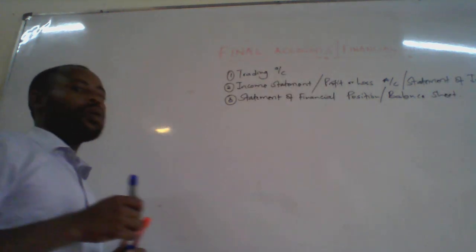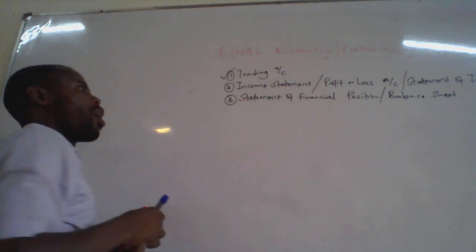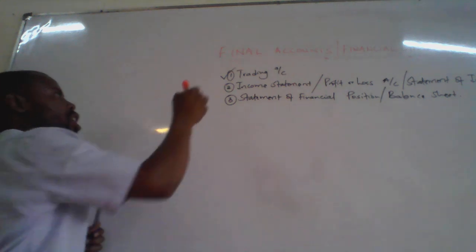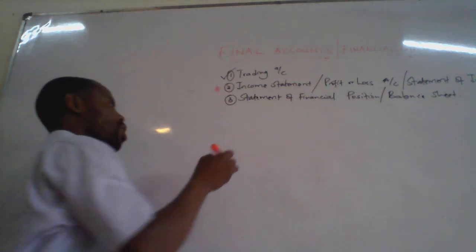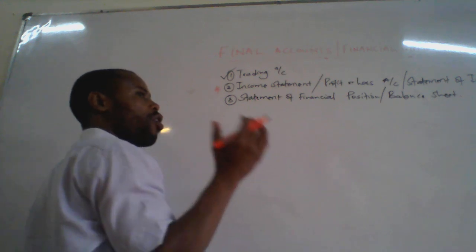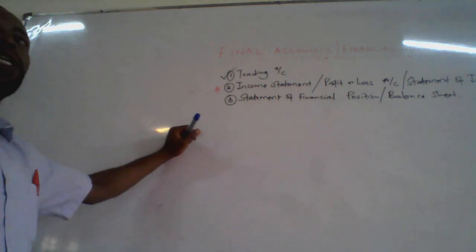So this time round we had already tackled the trading account. This time round I want us to deal with the income statement. I'm going to give you a skeleton, or a breakdown, of what the income statement is.